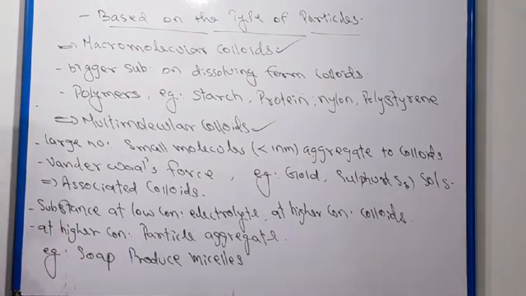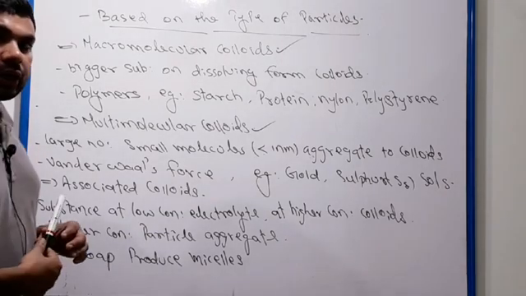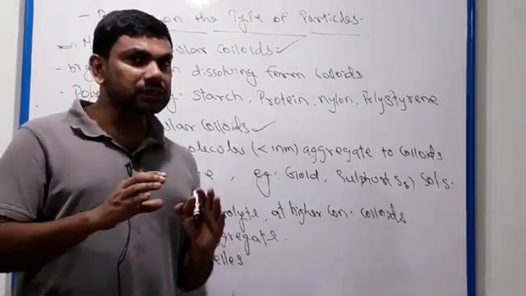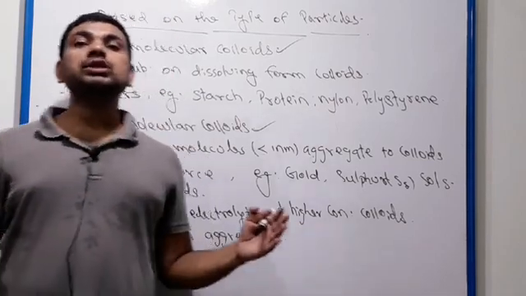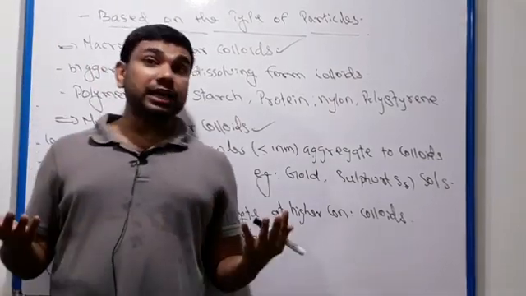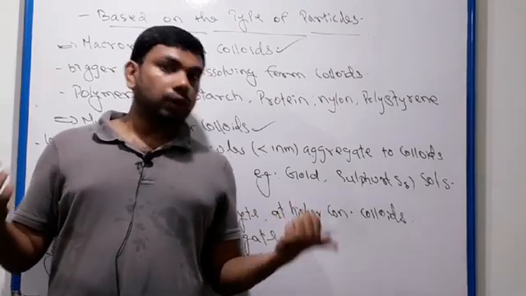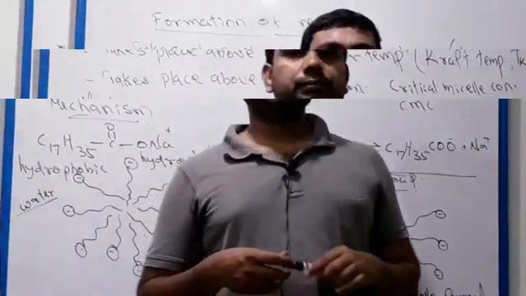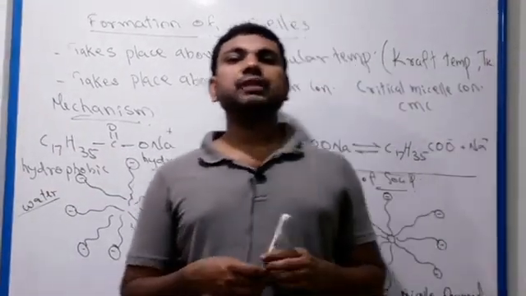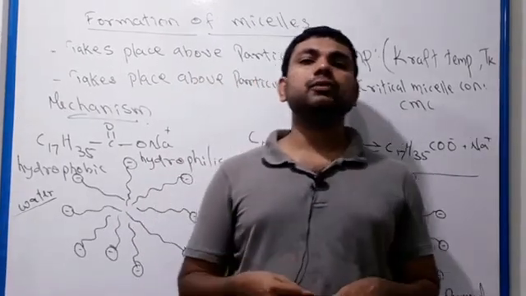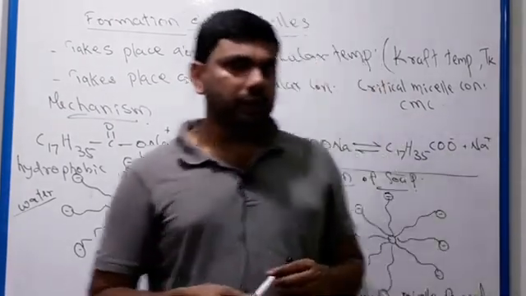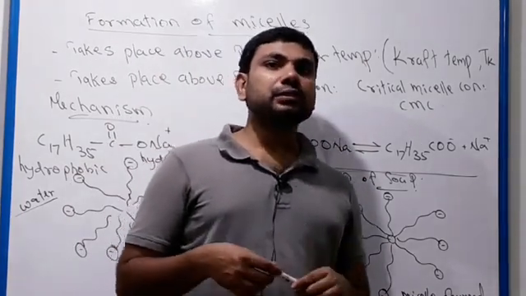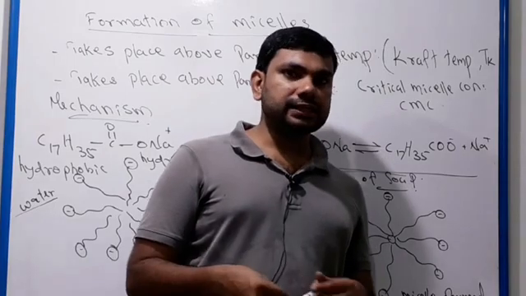Third one, associated colloid: a substance that behaves like an electrolyte at low concentration, but at higher concentration acts like a colloid. Example: soap produces micelles. You understand? Micelle is an example of associated colloid. Now we have to discuss more details about micelle formation, the mechanism of micelle formation, etc.